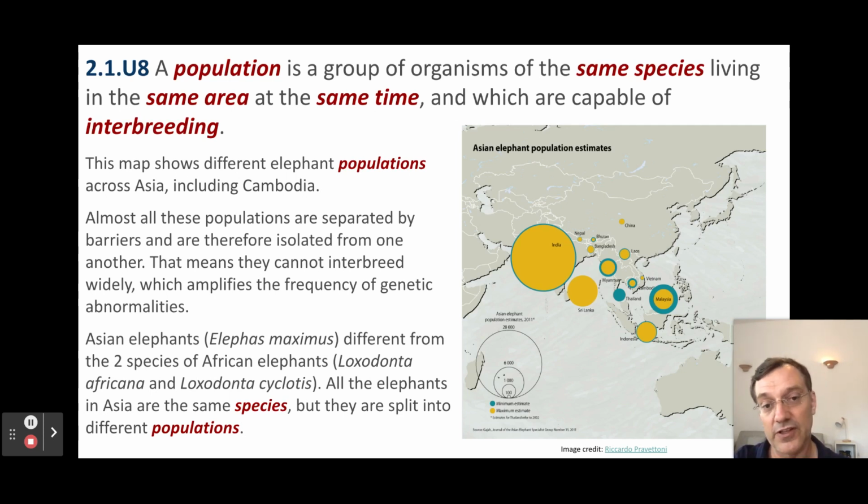All of the elephants found in this part of the world are the same species, right? And so all of the Asian elephants in Malaysia may be capable of interbreeding because they're living in the same area at the same time, right? But they're probably isolated from the Sri Lankan and Indian elephant populations because there's a physical barrier, the ocean, between those populations.